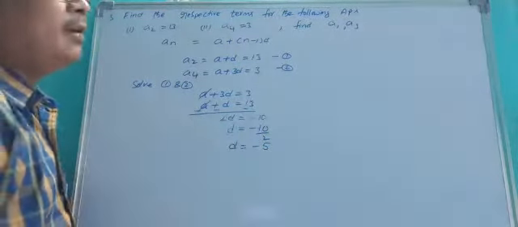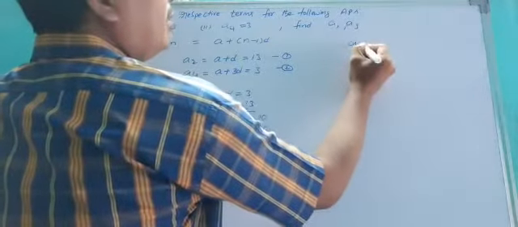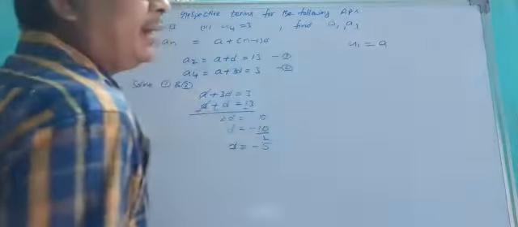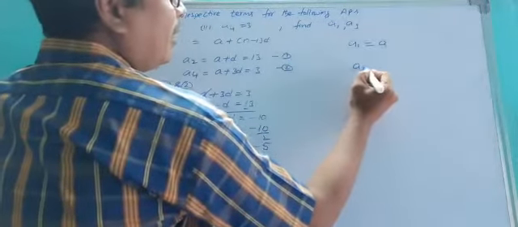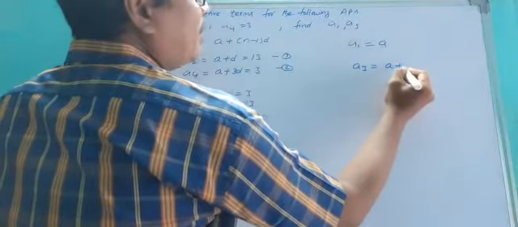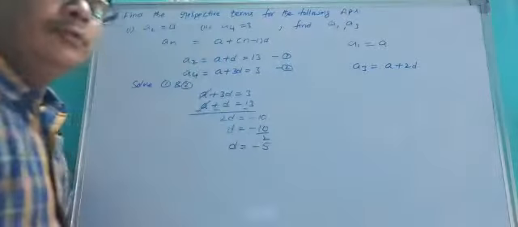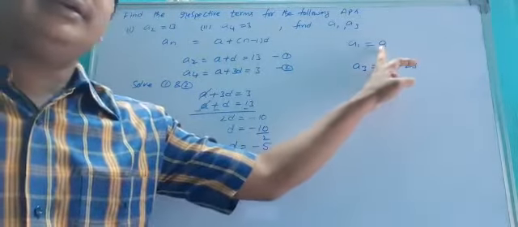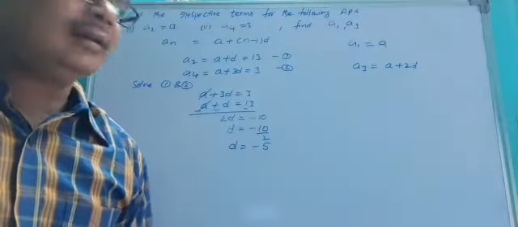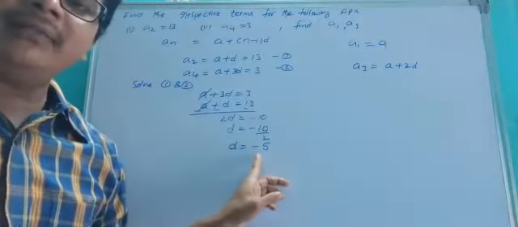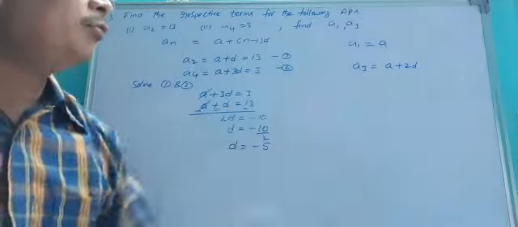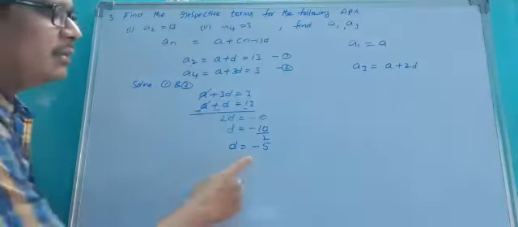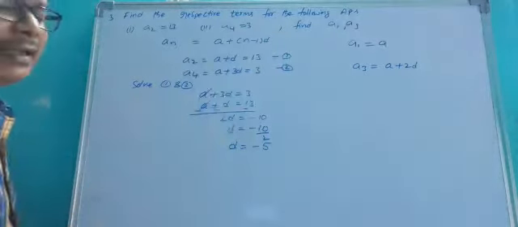Now we have to find a1, which means a, the first term. Next we have to find a3, which means a plus 2d. To find a1 or a3, you should get the value of a. We already found d equals minus 5. Now substitute this d value in either the first or second equation.